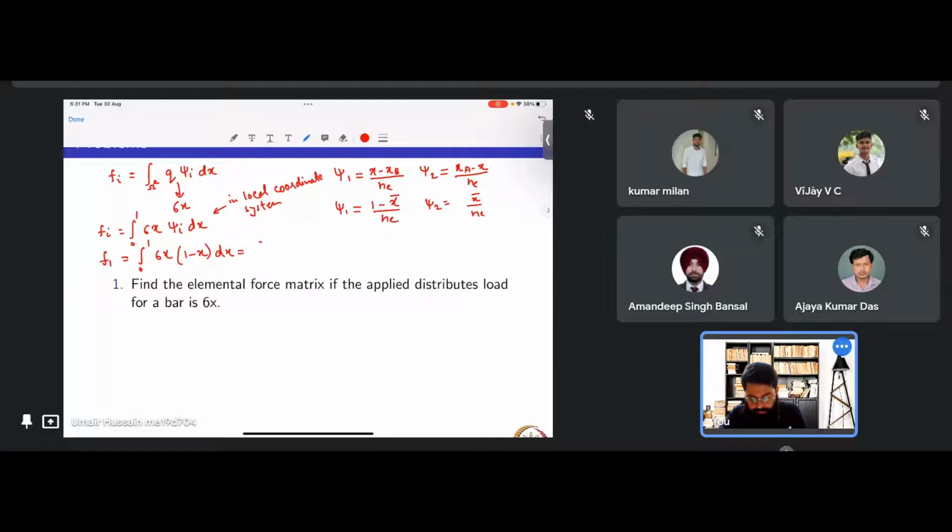That gives us 6 minus... So we get 3 minus 2.